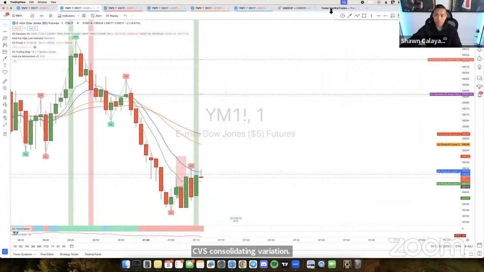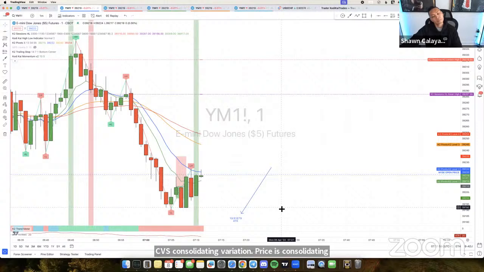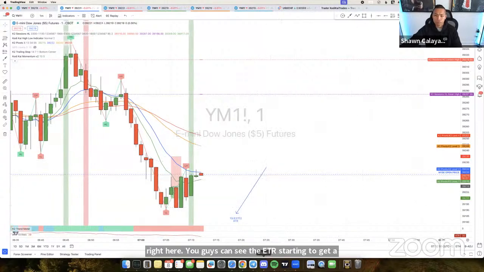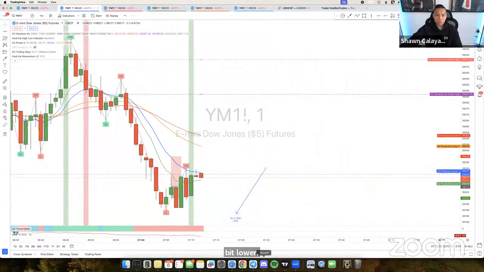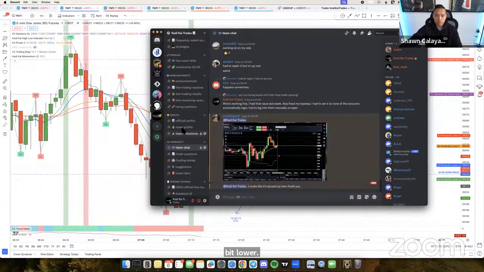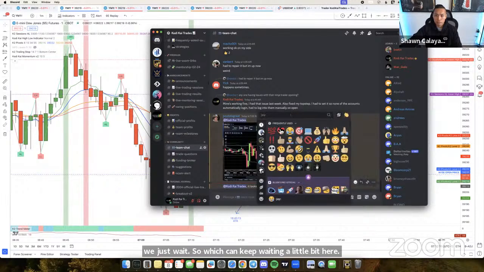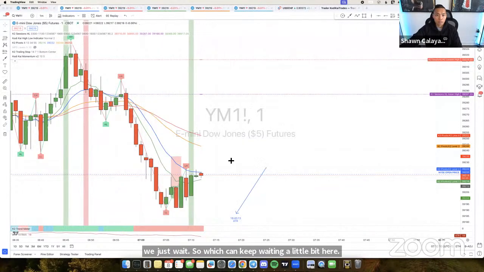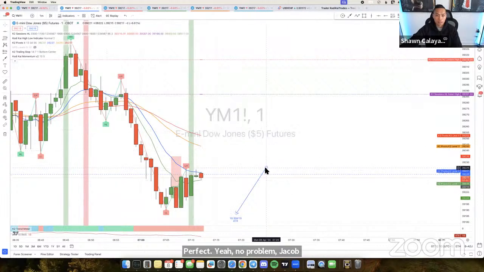Price is consolidating right here. You guys can see the ATR is starting to get a bit lower. Now we just wait. So we're just gonna keep waiting a little bit here. Perfect. Yeah, no problem, Jacob. All right, the ATR is currently at 18.